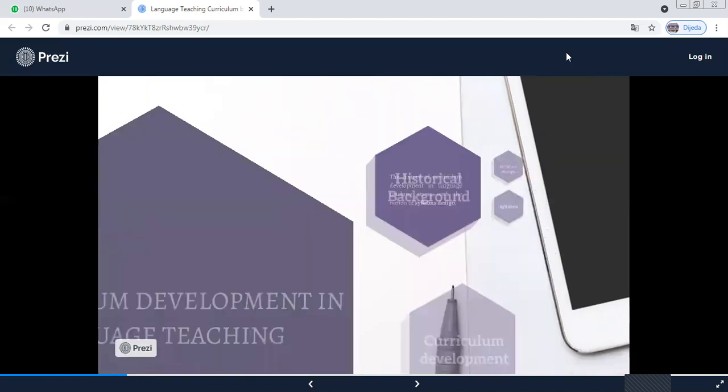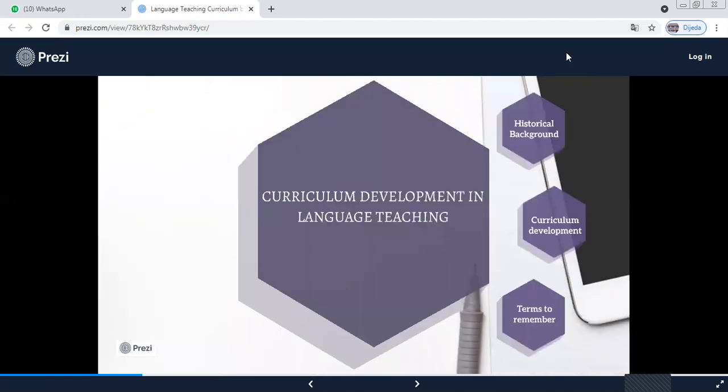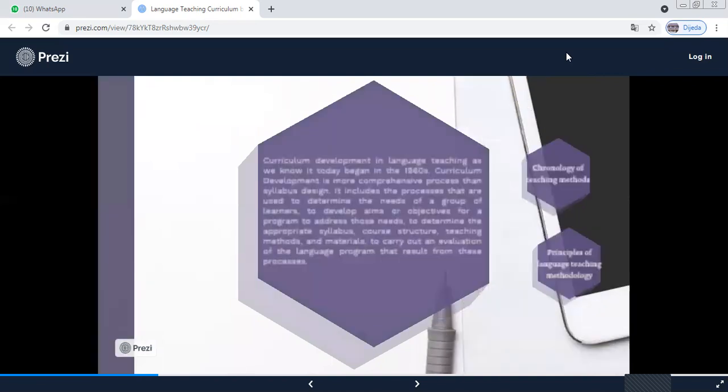And then curriculum development. Curriculum development in language teaching, as we know it today, began in the 1960s. Curriculum development is more comprehensive process than syllabus design.